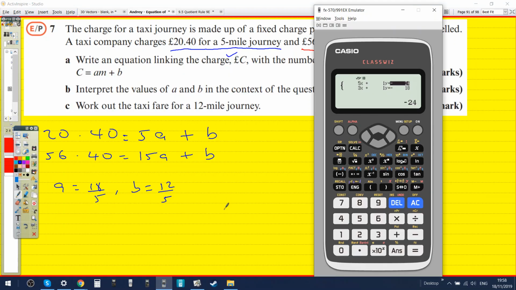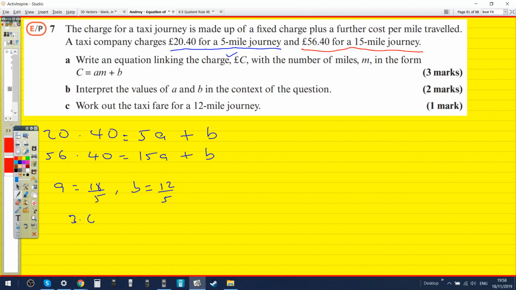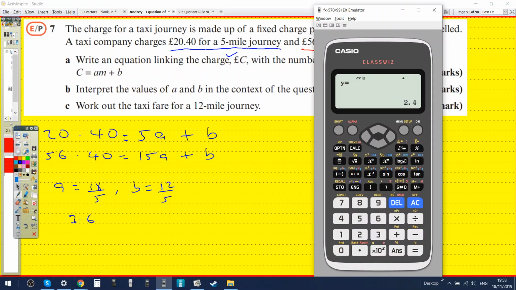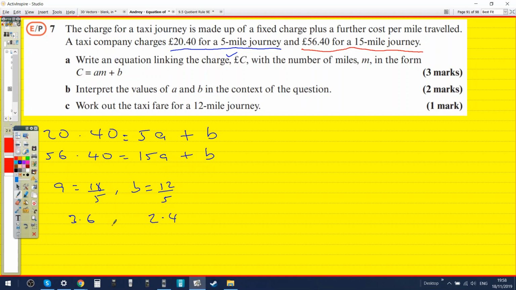I need to sub in A and B, don't I? Yeah. So C equals 18 over 5 M plus 12 over 5.